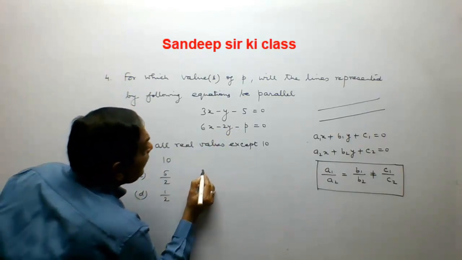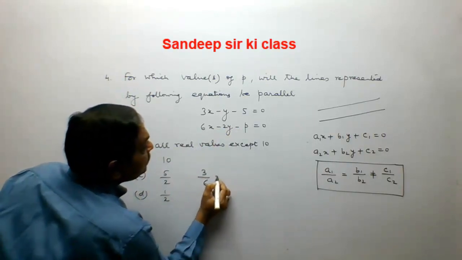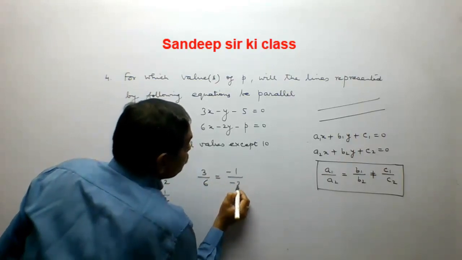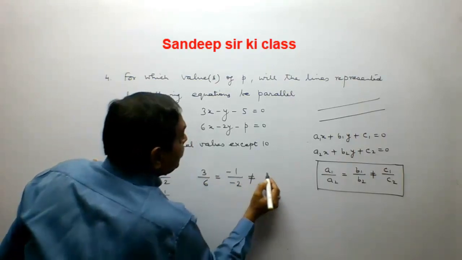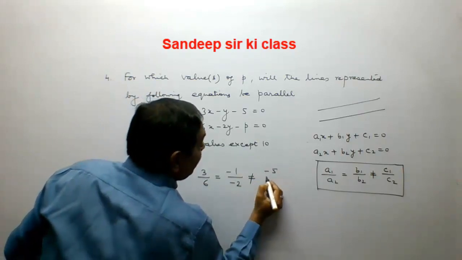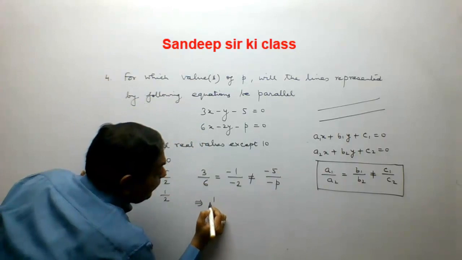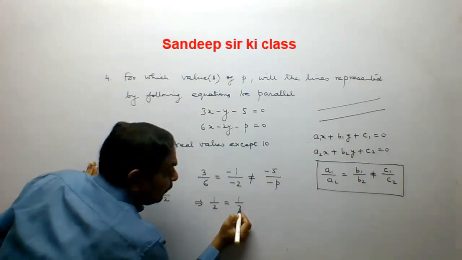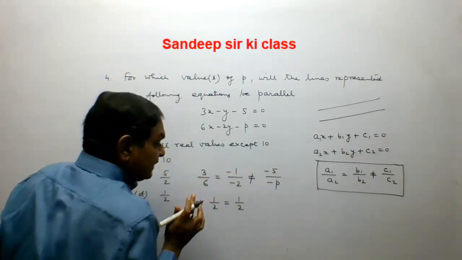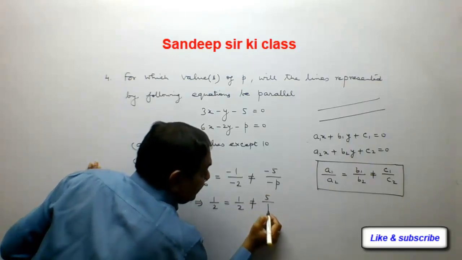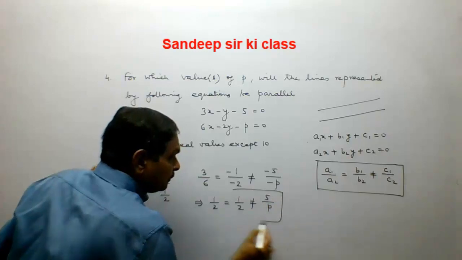So 3 upon 6 should be equal to minus 1 upon minus 2 is not equal to minus 5 upon minus p. This is the case. This means 1 upon 2 is equal to 1 upon 2. Minus and minus are cancelled. Is not equal to 5 upon p. Take these two.